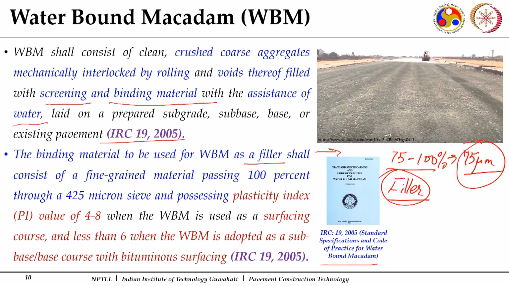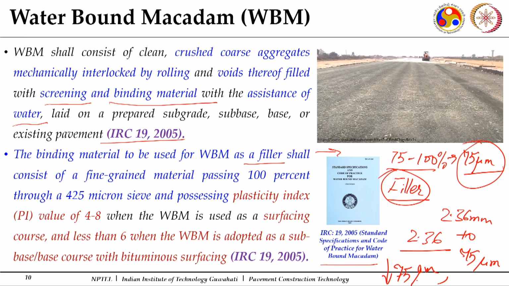This is a conventional terminology we use. Coarse aggregates are greater than 2.36 mm, fine aggregates are in the range of 2.36 mm to 75 micron, and anything below 75 micron is your filler.